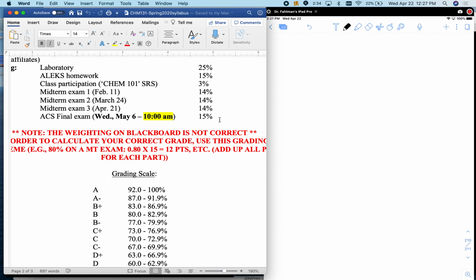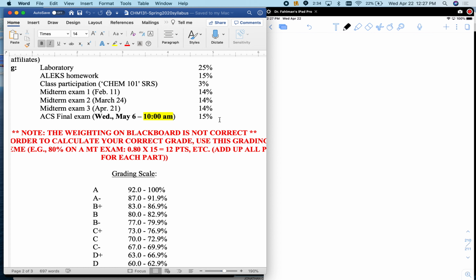And so all you do is log into your specific Blackboard shell, not the combined shell, but your specific one, and you've got your gradebook for your lab. And so you can do the average of all of your lab reports, where that stands.